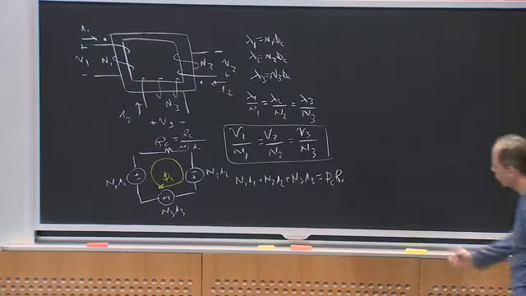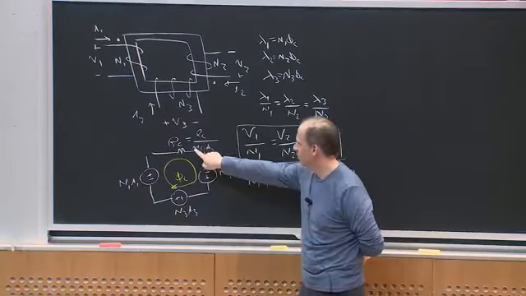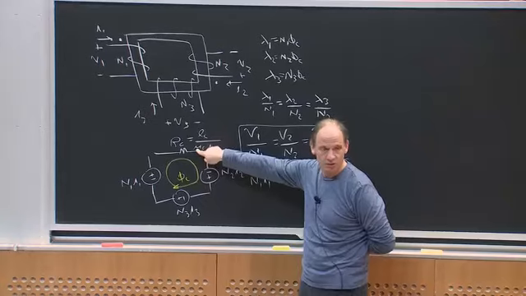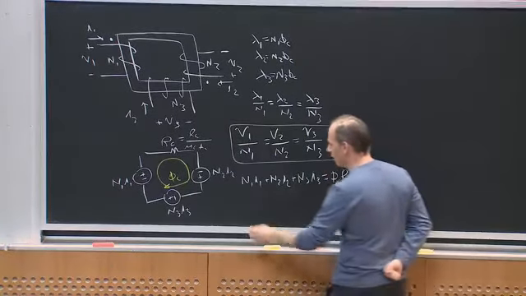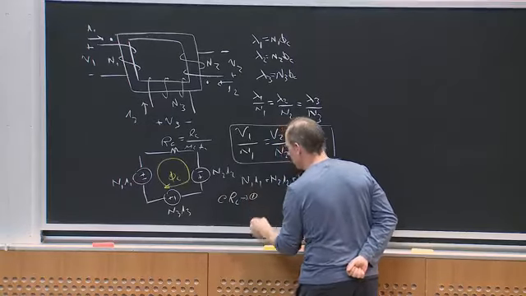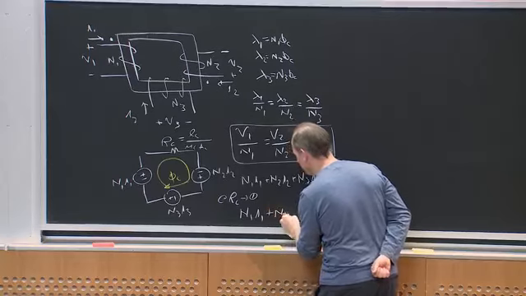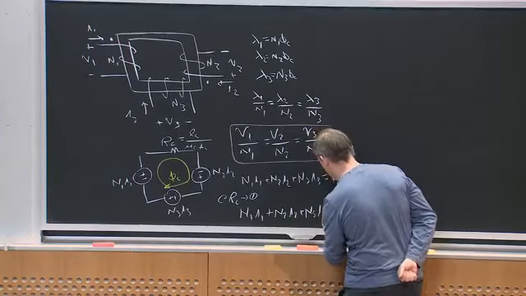Well, if the reluctance of the core equals 0, because the permeability went to infinity, then the right-hand side becomes 0, and what I get is N1 I1 plus N2 I2 plus N3 I3 is equal to 0.